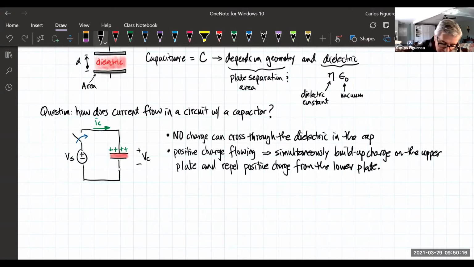So as positive charge flows in here, it's also pushing positive charge off the lower plate. And as it pushes positive charge off the lower plate, I then acquire a negative charge at the lower plate.